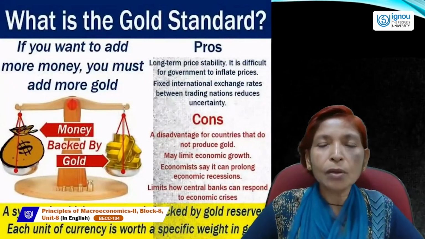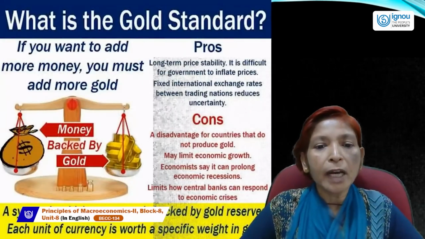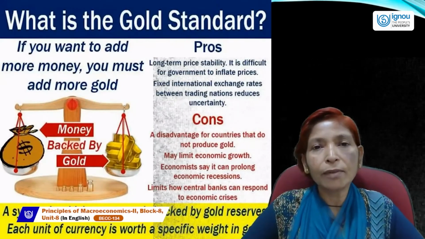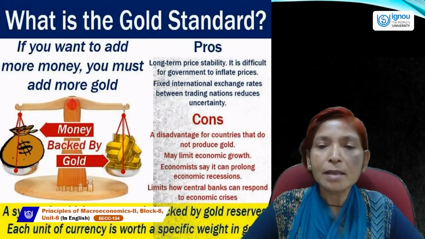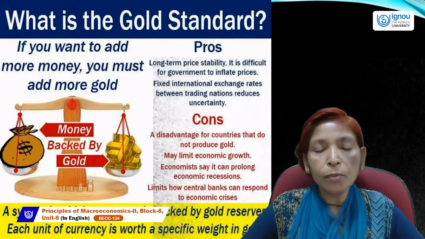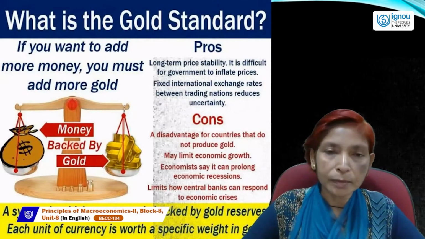Next is, what is the gold standard, and what are the pros and cons, or merits and demerits, of this gold standard system? If you want to add more money, you must add more gold.